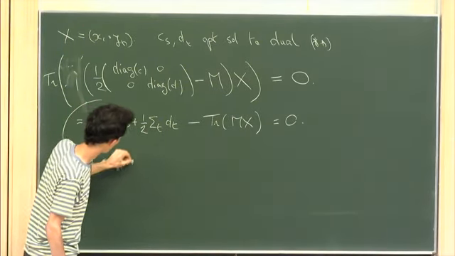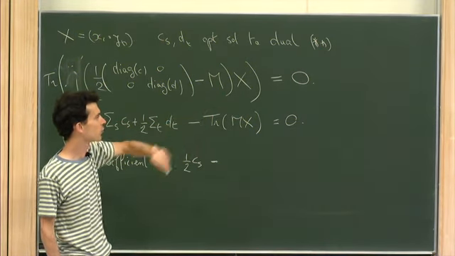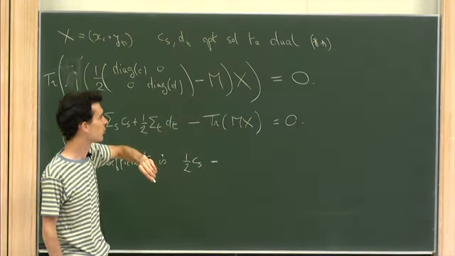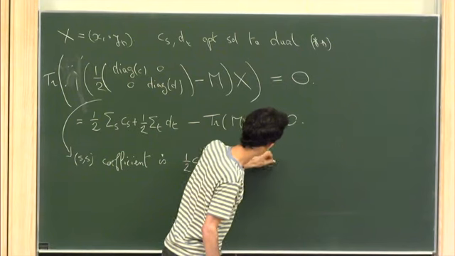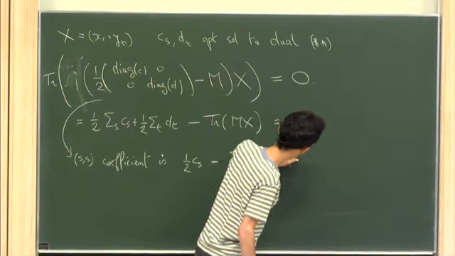I get half CS times the 1 here, minus, so this M has this G on the upper right corner, in the upper left corner there's nothing, so I'll get minus sum over T of GST XS dot YT.